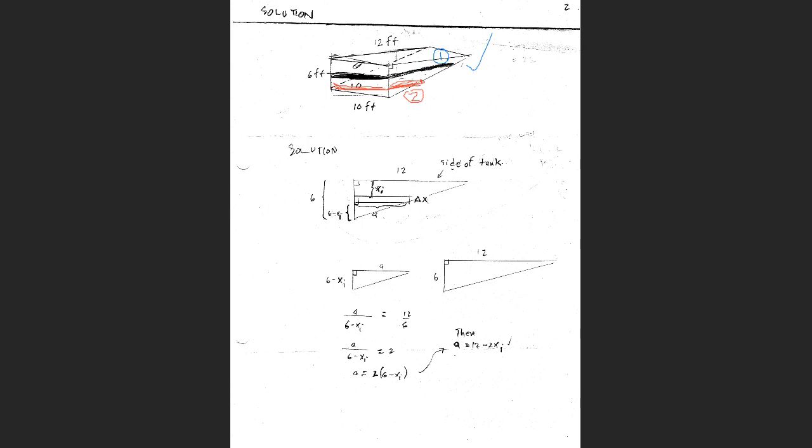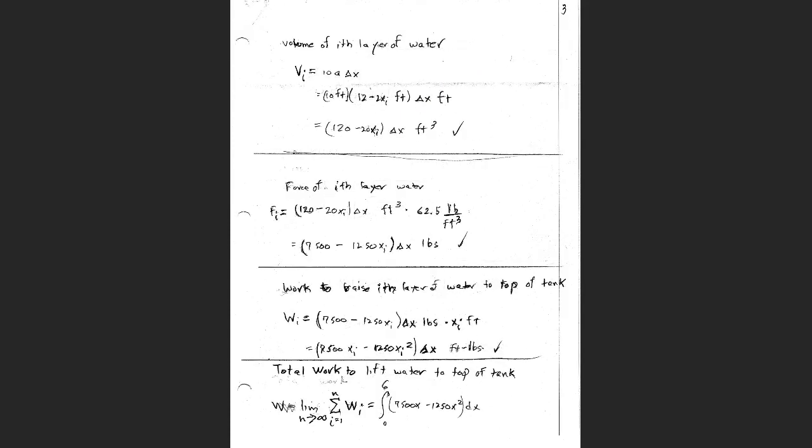So you have this balance between how much volume the ith layer of water has, and how far down it is from the top of the tank. And that's why the work needed to raise the ith layer of water is a function of xi.